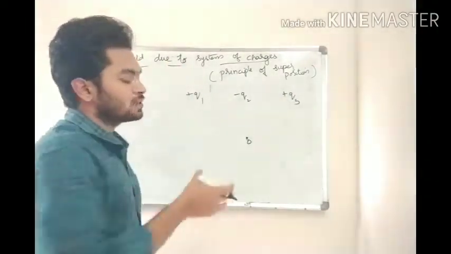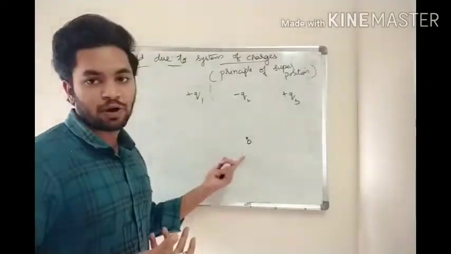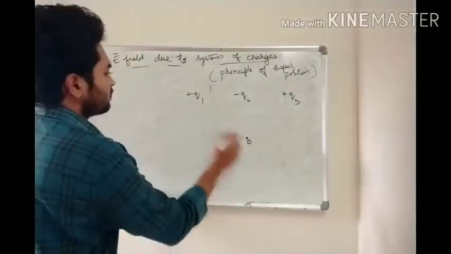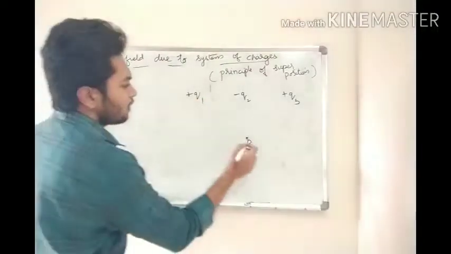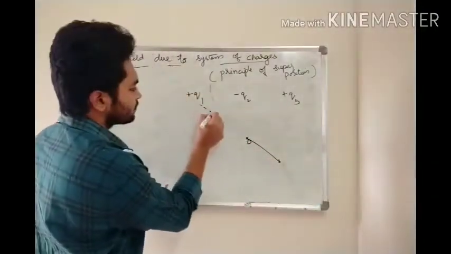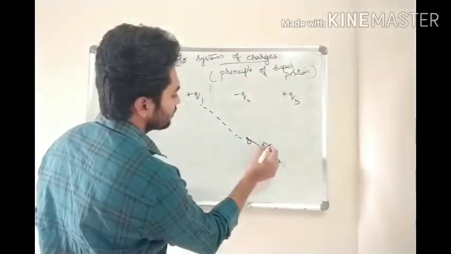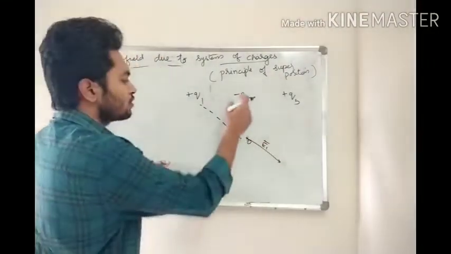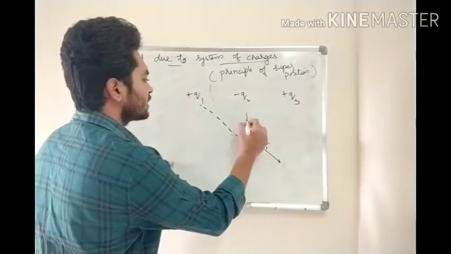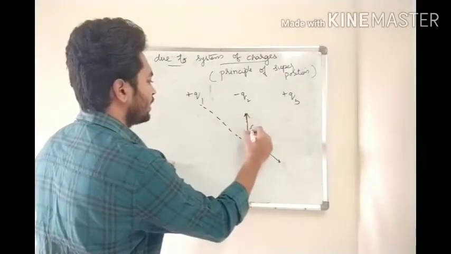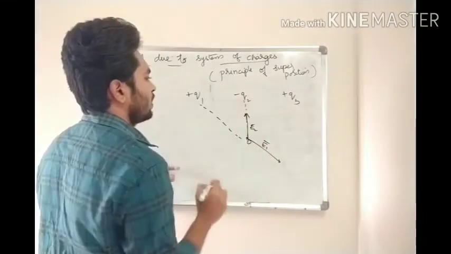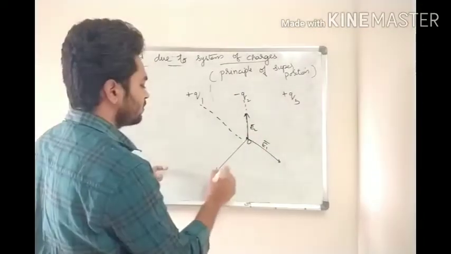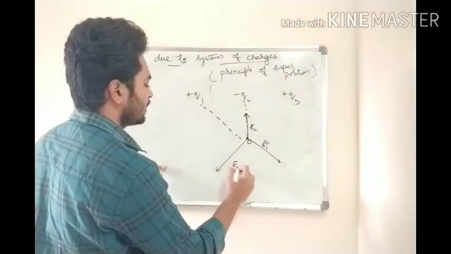Now we are going to see the electric field at this point O. So due to Q1 it will be away like this, E1 bar, in this direction. Due to Q2 it will be in this direction, E2 bar, and due to Q3 it will be in this direction, E3 bar.